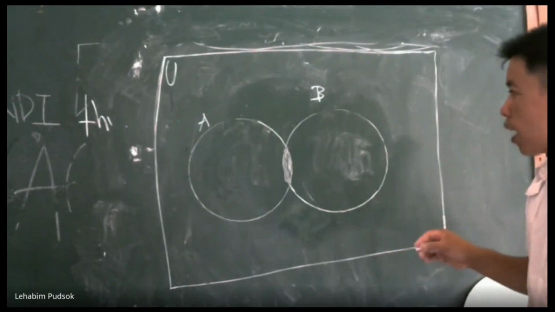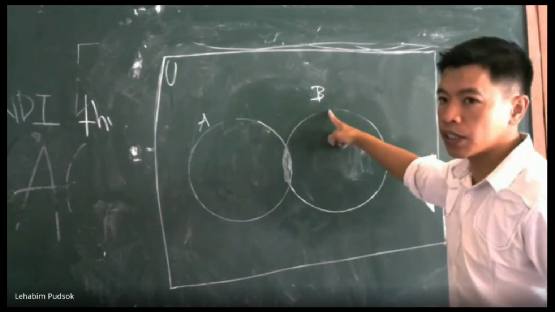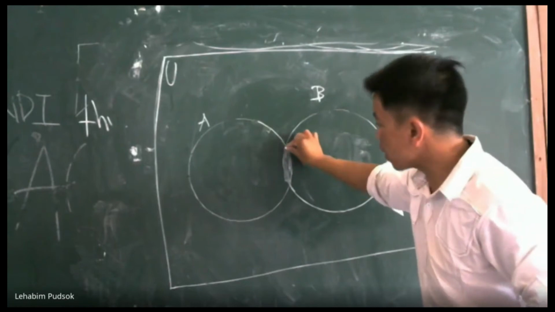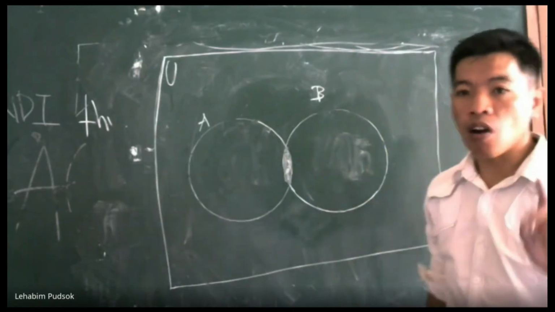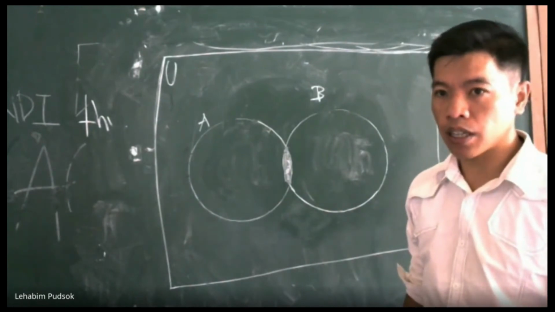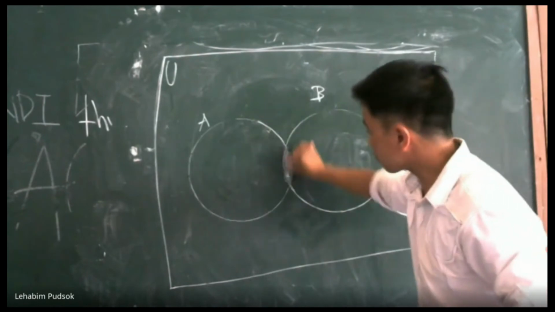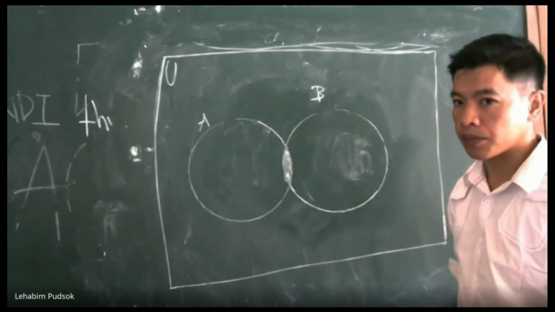You say that A intersects B with the shaded part, which is a common subset. A intersects B in the shaded part having a common subset or element.